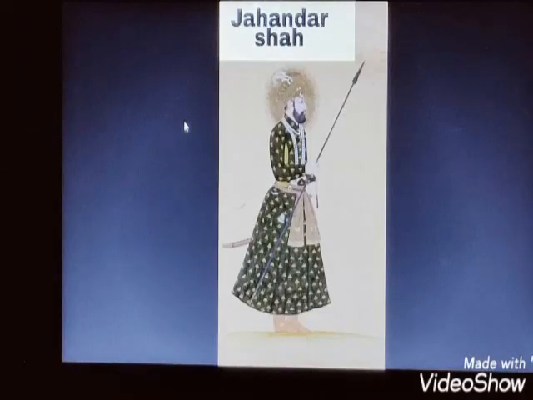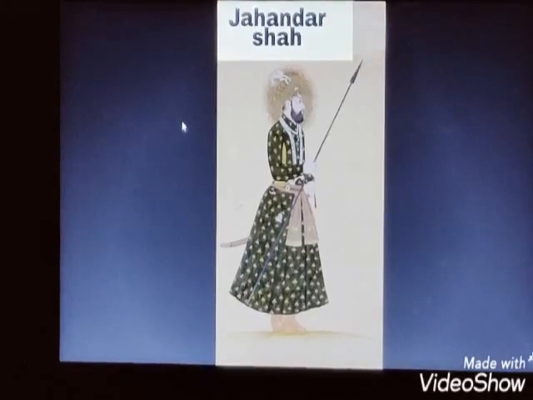But he managed only a small period in his kingdom, and he was deposed by his nephew Farrukhsiyar and removed from the throne.